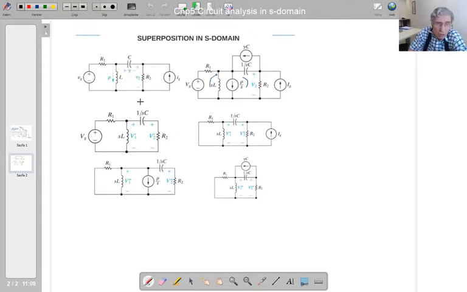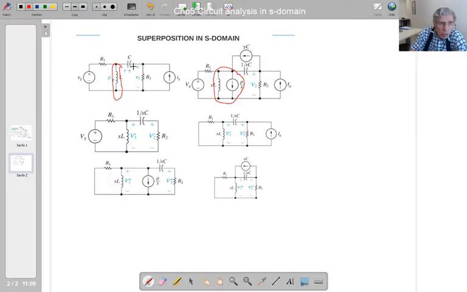We have already seen that these elements, capacitor and inductor, have equivalent circuits in the S-domain that include the initial condition in them. So this L here is the replacement of this L here, which includes that rho in it. So that's an independent current source. The current value is rho over S.